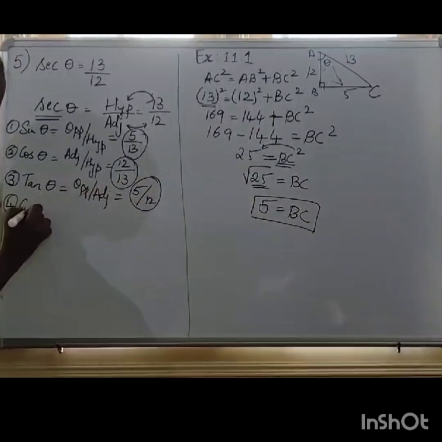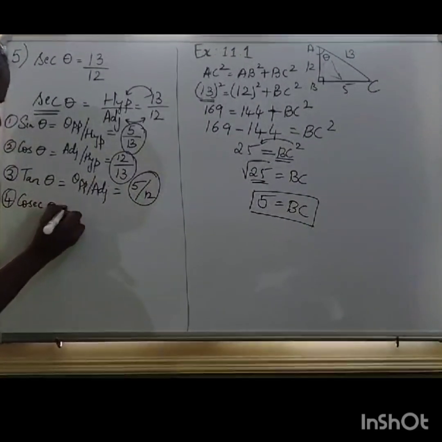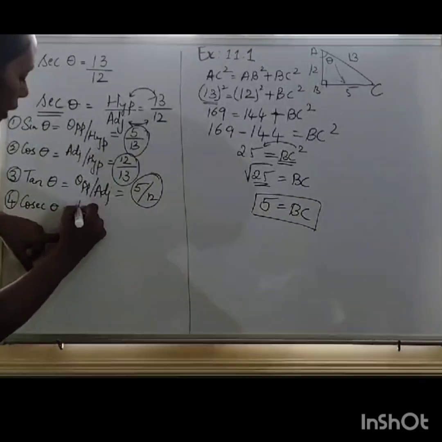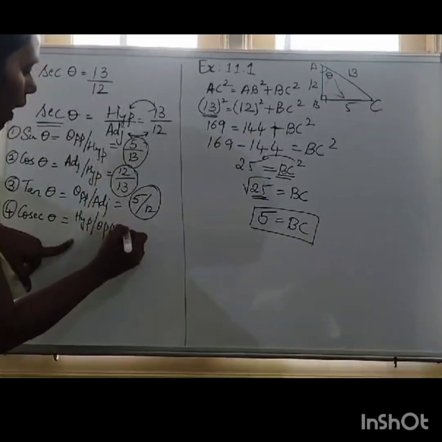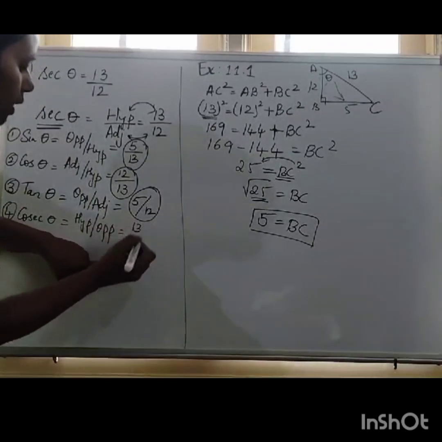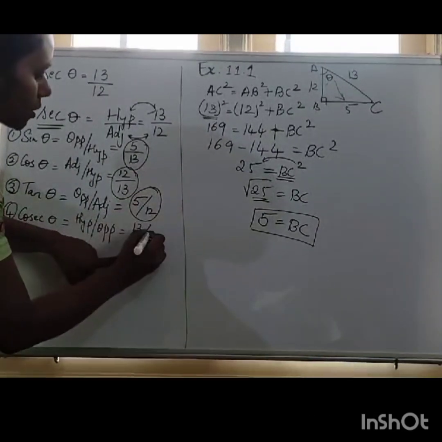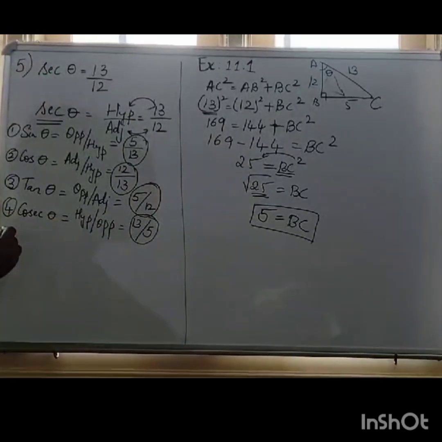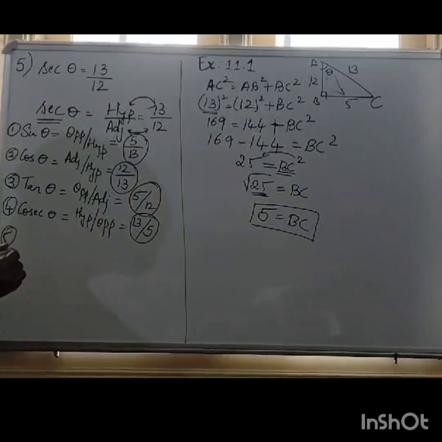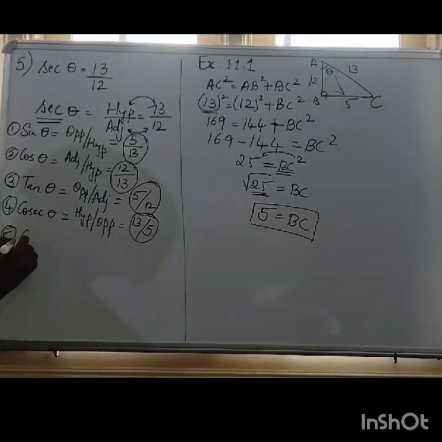Next, cosecant theta. The cosecant theta ratio will be hypotenuse by opposite. So the hypotenuse value is 13 and opposite is 5. So the cosecant theta value is 13 by 5. Next, we'll look for cot theta.